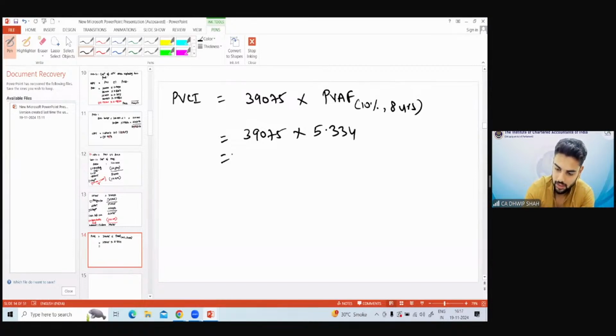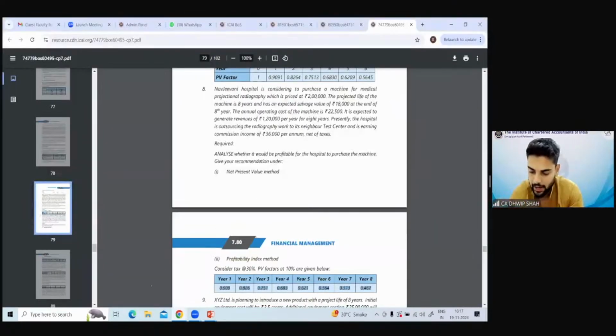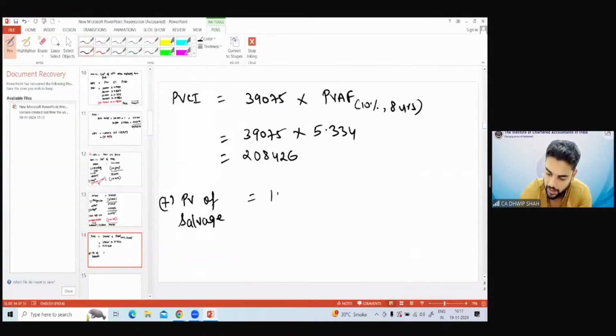So my PVCI is 39,075 multiplied by 5.334. It comes to 208,426. But again, friends, don't forget to add the present value of salvage. Please don't forget this. Humble request. Salvage is 18,000 and it would be received at the end of the 8th year.